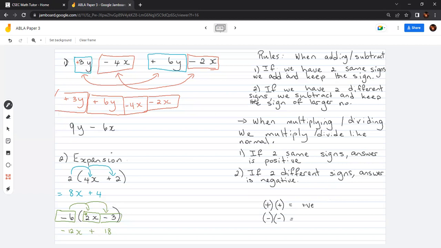So once you have two same signs, you replace them with a positive. If you have two different signs back to back, and I'll show you what I mean, you replace it with a negative. Now, if you are having trouble with these rules, make sure that you learn them off to the back of your hand.